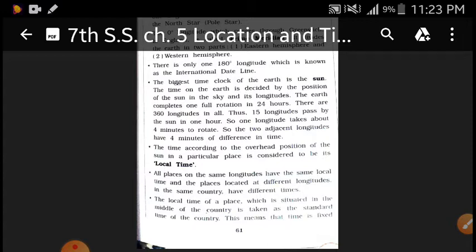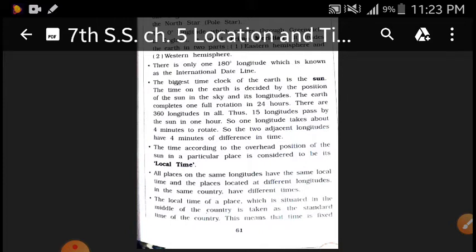There are a few tables to be understood, about eastern countries and western countries on the globe of the earth. Then there is a picture of the international date line on page 24. Then there are the longitudinal coordinates of different countries.